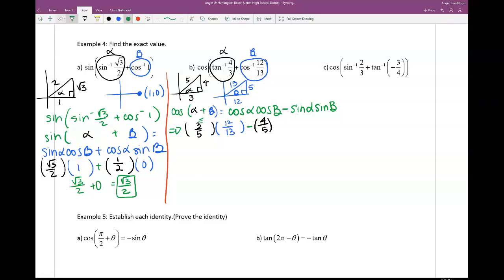Sine of beta, beta is coming from the blue one, so sine is 5/13. Let's multiply. So from here, 3 times 12, that's 36. 5 times 13, that should be 65. Take away 4 times 5 is 20, divided by 65 as well.